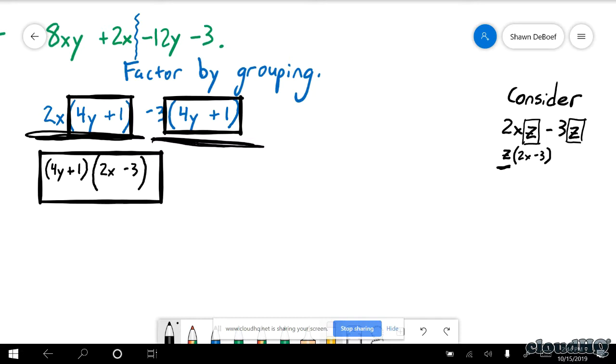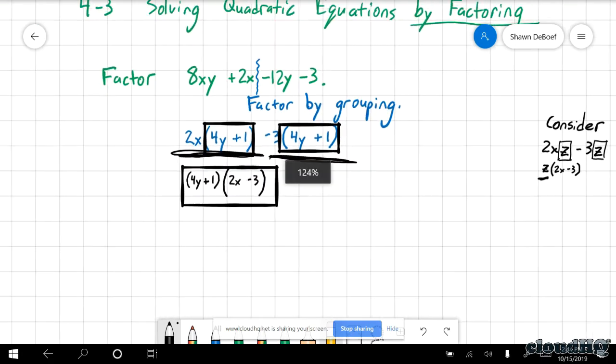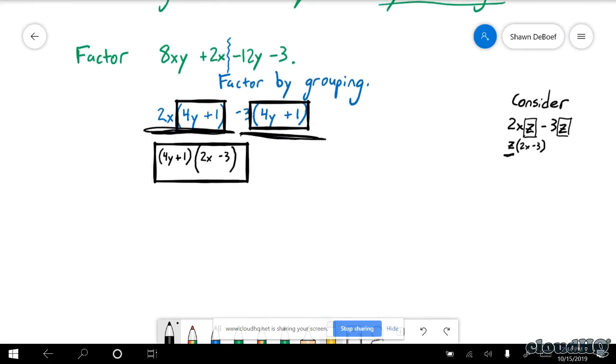You'll see a couple of problems like that. And so you'll need to be able to do that. But I also want to tie it into some of the other factoring that you have done before where maybe this will be a good strategy. So now we're going to do a solving problem that looks maybe a little bit more familiar than what that did.